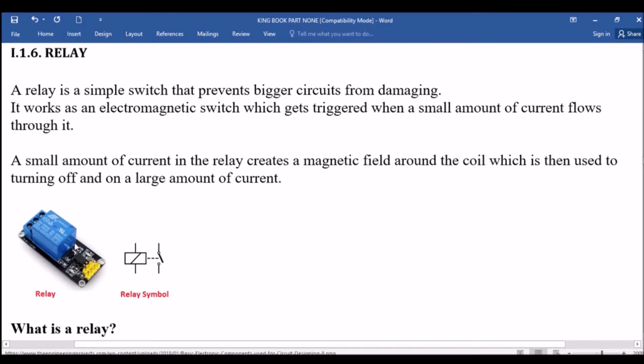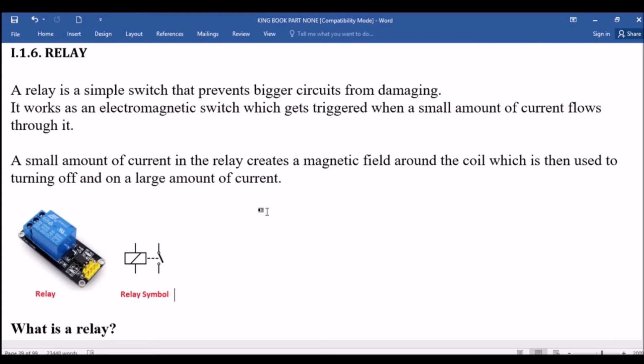Simply, you understand that the relay has two parts. It has electronic or electrical parts and mechanical parts. In the electrical part, there is a small amount of current flowing through the windings, and that small amount of current creates a magnetic field around the coil.